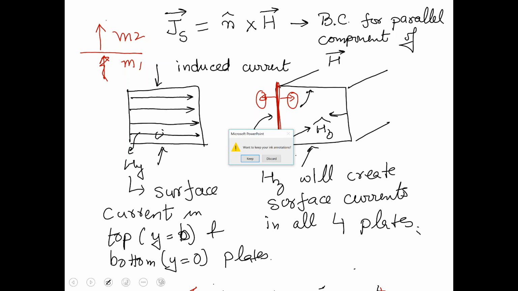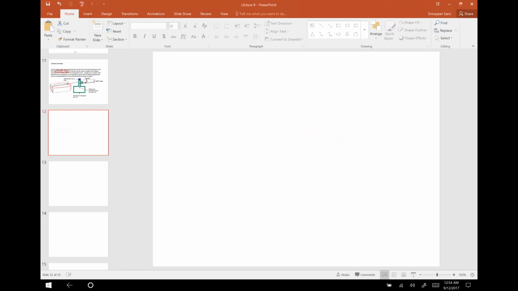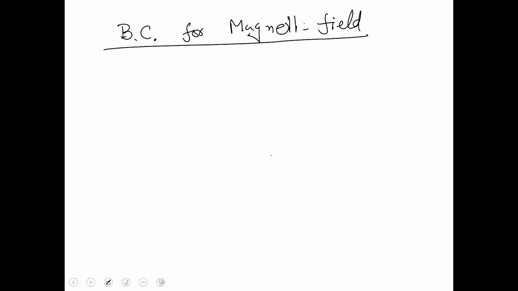So let me just go to a new slide. The way we define the boundary conditions for the magnetic field to apply the derivations is that if I go from medium 1 to medium 2, then we define the normal in medium 2.